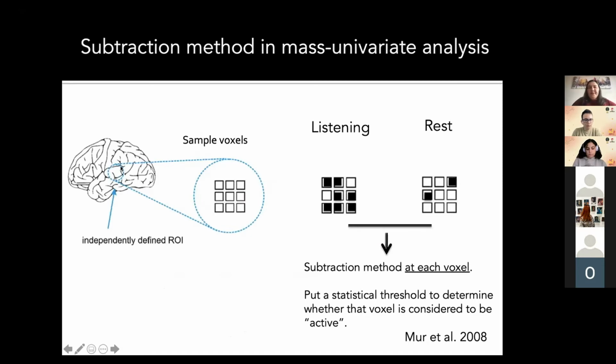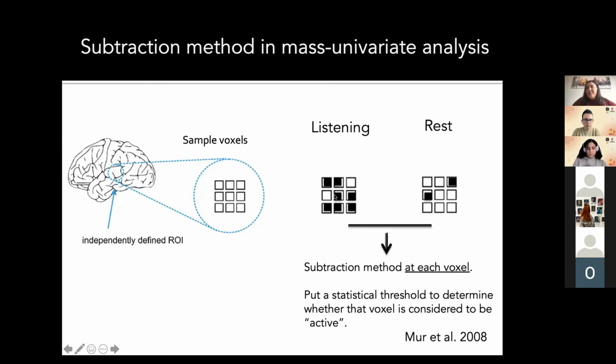And then the next step in traditional fMRI analysis is that, let's say that you have a predefined, independently defined region of interest, let's say your auditory cortex, and let's say that you have 9 voxels within that region. You can check the voxel intensities during listening, and you can check how these voxel intensities change during rest.